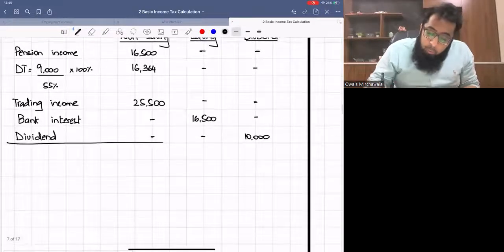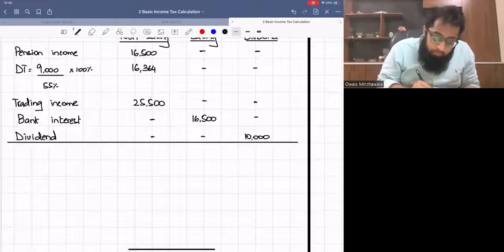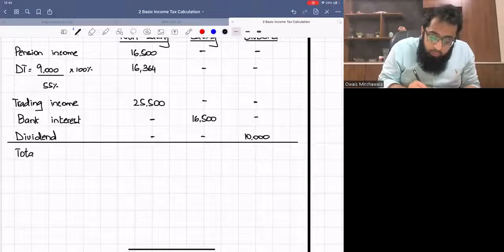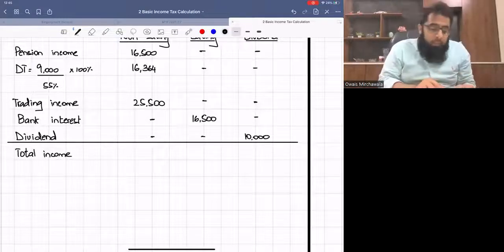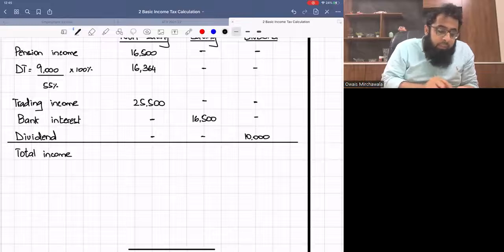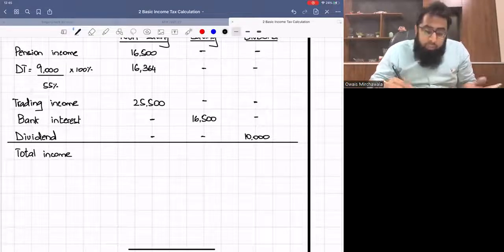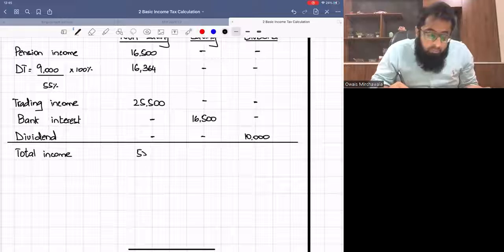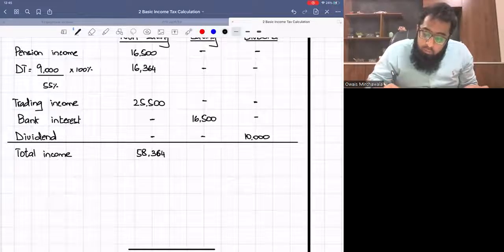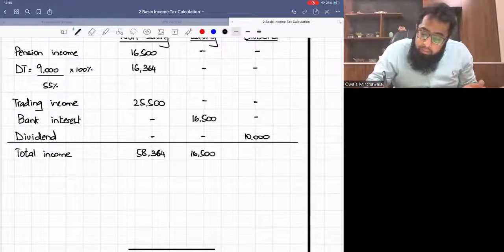Now, we will add up all of the incomes to arrive at the value of total income: 16,500, 16,364, 25,500, 58,364, 16,500 and 10,000.